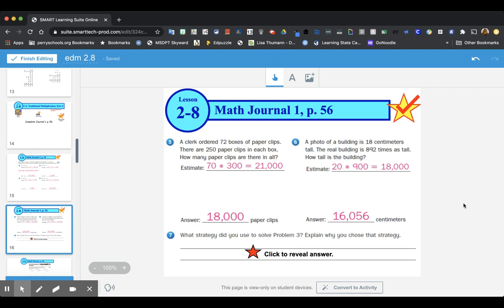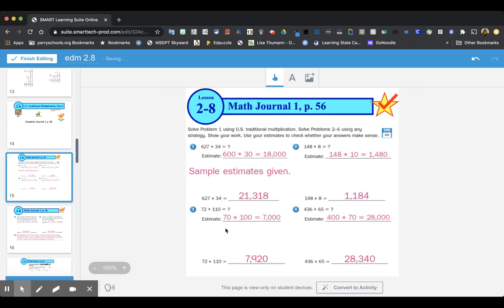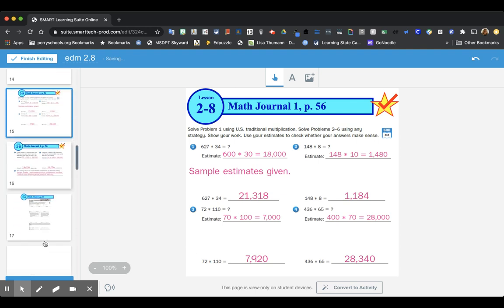Well, we could estimate 20 times 900, getting 18,000. In reality, it was 16,056 centimeters. And finally, the sample answer for that strategy would be, maybe you did partial products, maybe you did lattice. We did traditional, and then we used lattice to check our work for this one when we did it together.